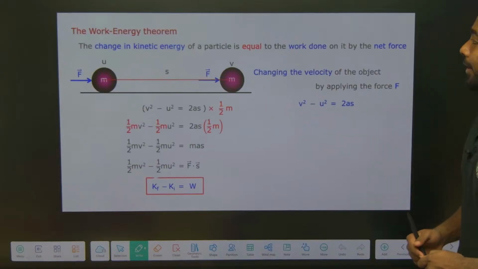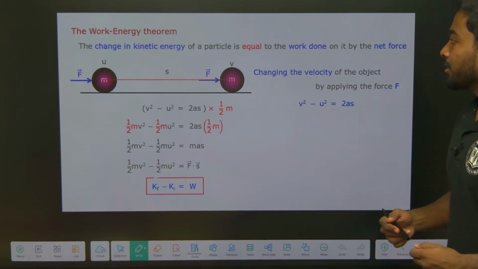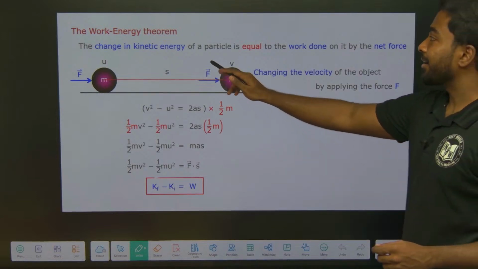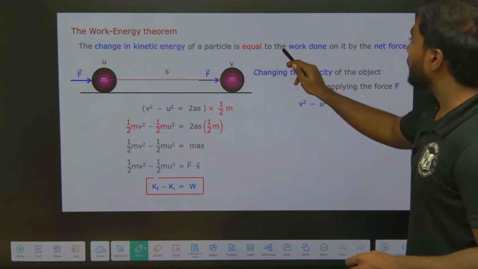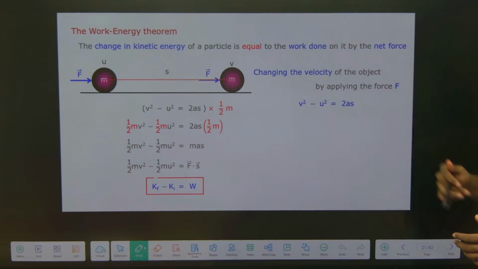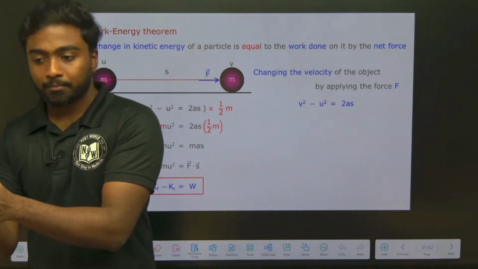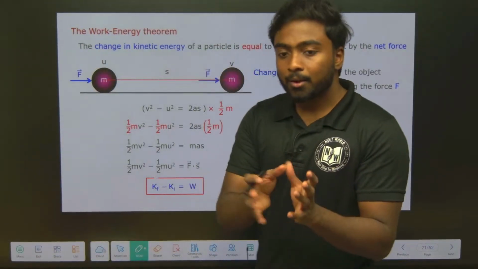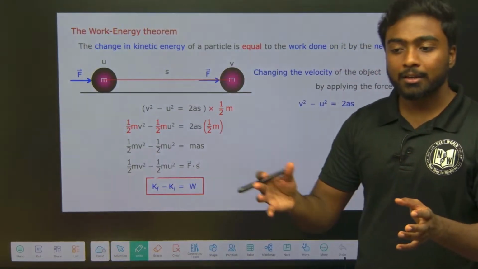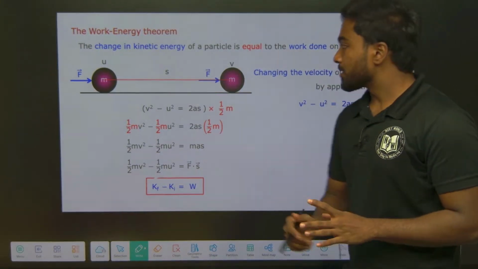Next one is the work energy theorem. The work energy theorem speaks about the change in kinetic energy of a particle being equal to the work done on it by the net force. Initially some kinetic energy is there and final kinetic energy is there, and the change in kinetic energy is said to be work done.